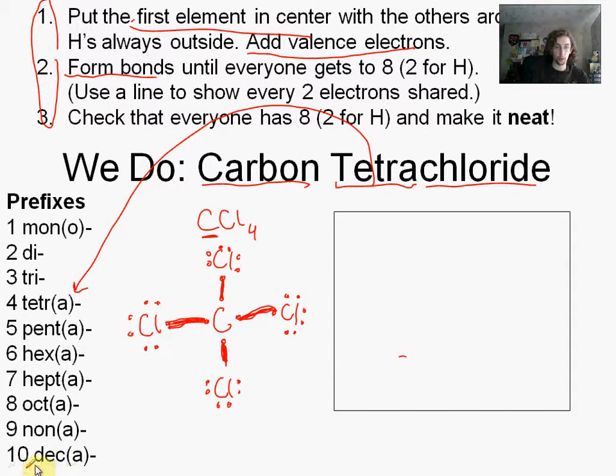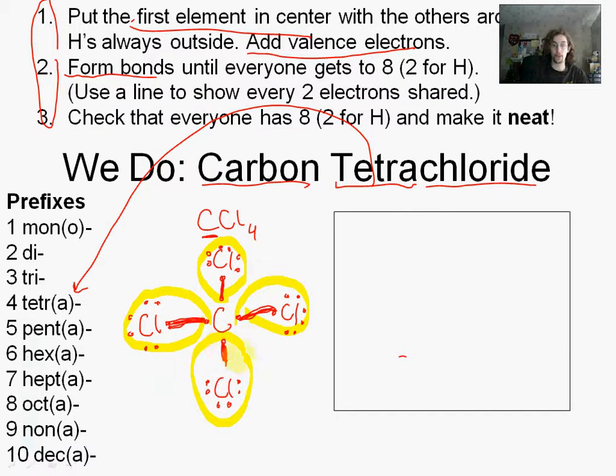So before I put my final answer down, I need to check, does everyone have their octet? So the chlorines all seem to have 6 electrons to themselves and 2 electrons that they're sharing. So 3 lone pairs and 1 bonded pair. So that's a total of 8 electrons for each, and they have their octet.